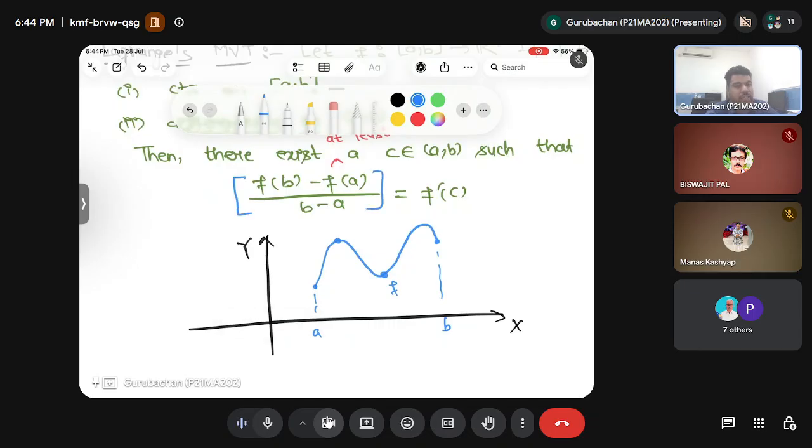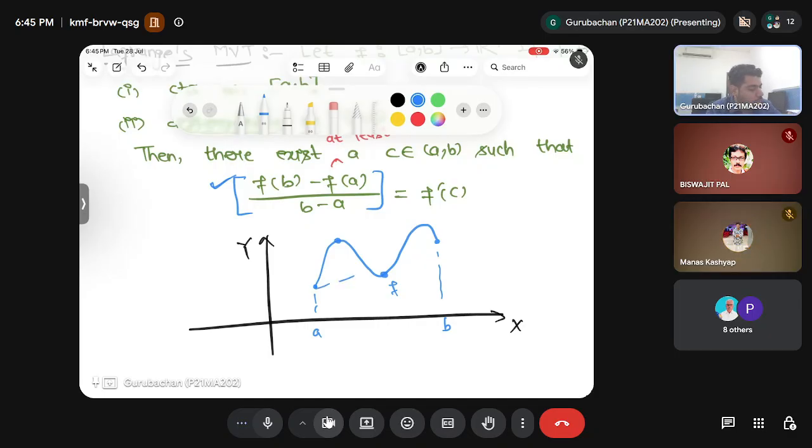What is this quantity? Can anybody tell me what this quantity is? Positive, it is correct. Does this quantity represent something? Slope of a line joining the points (a, f of a) and (b, f of b). Correct.